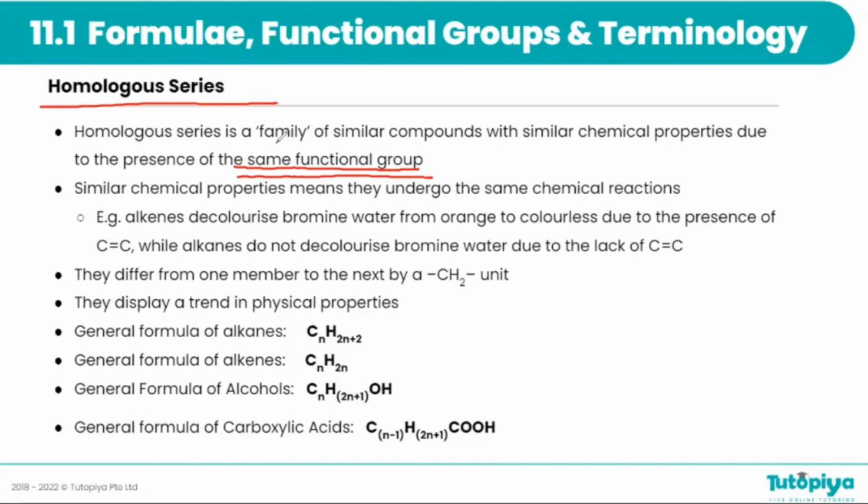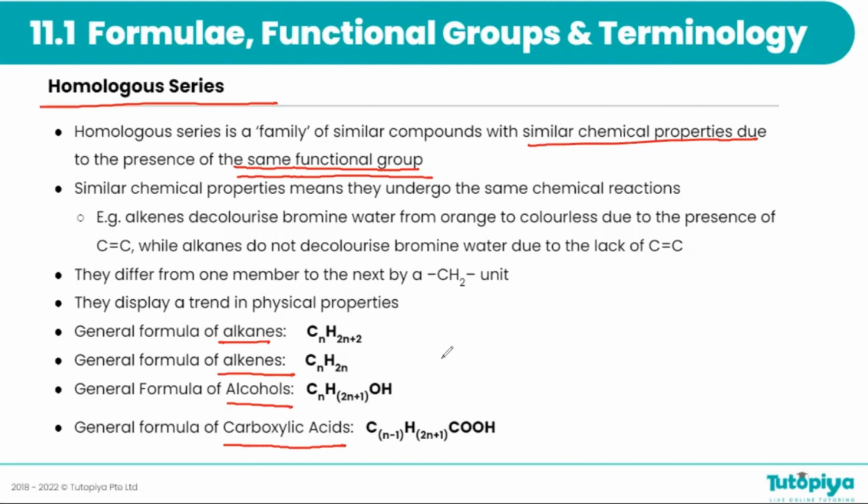And because of the same functional group, they would have similar chemical properties within that homologous series. There are 4 main homologous series that we need to know in this syllabus: alkanes, alkenes, alcohols, and carboxylic acids.